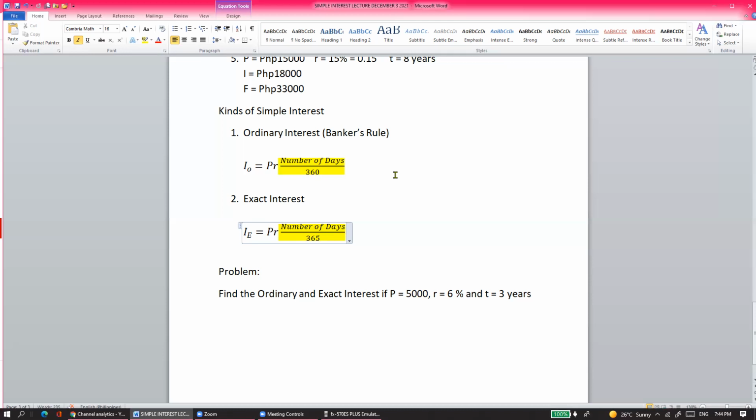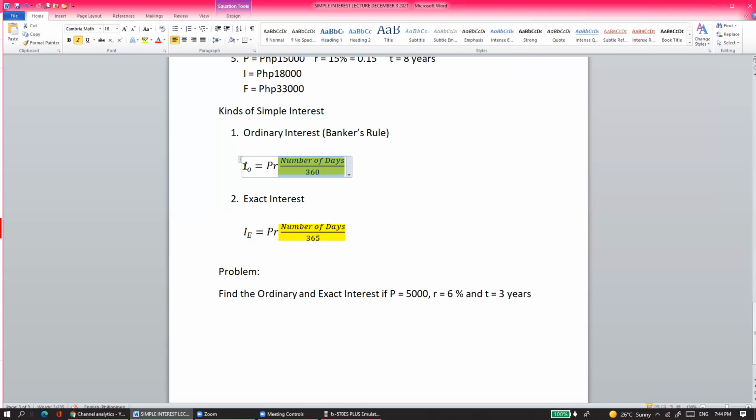Habang tumataas ang denominator ng time, mas lumiliit ang kita. Kaya ito tinawag na banker's rule dahil mas maliit ang denominator niya, 360 lang. Ito naman is 365. Dahil kahit na sinong investor, mas pipiliin niyang kumita ng mas malaki. So we will be choosing this banker's rule.